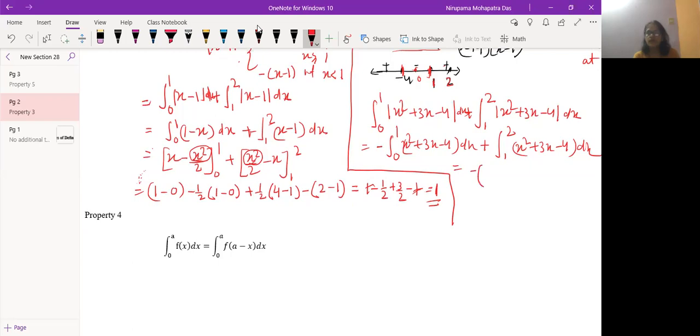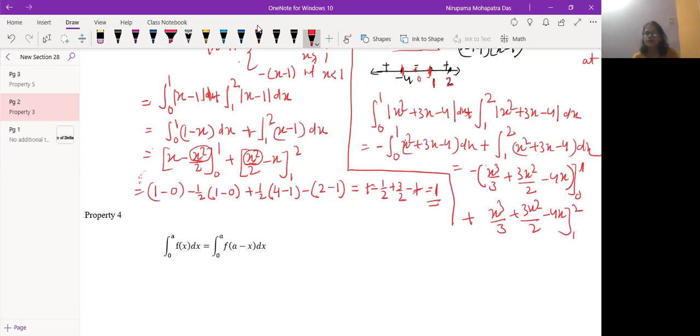So you have minus of x cube by 3 plus 3x square by 2 minus 4x from 0 to 1, plus the other part, x cube by 3 plus 3x square by 2 minus 4x from 1 to 2.